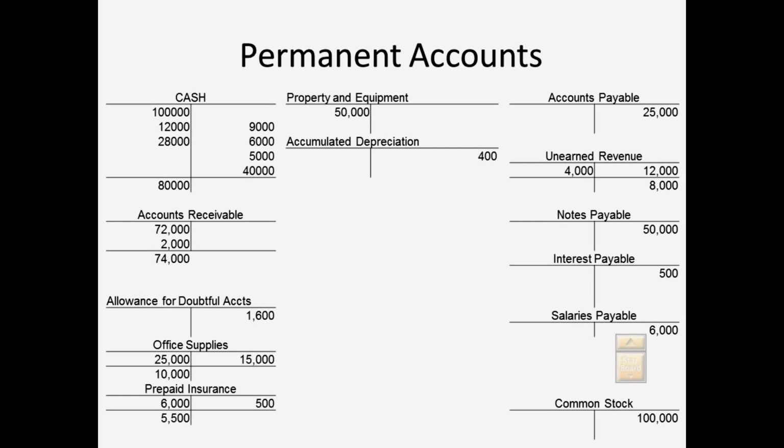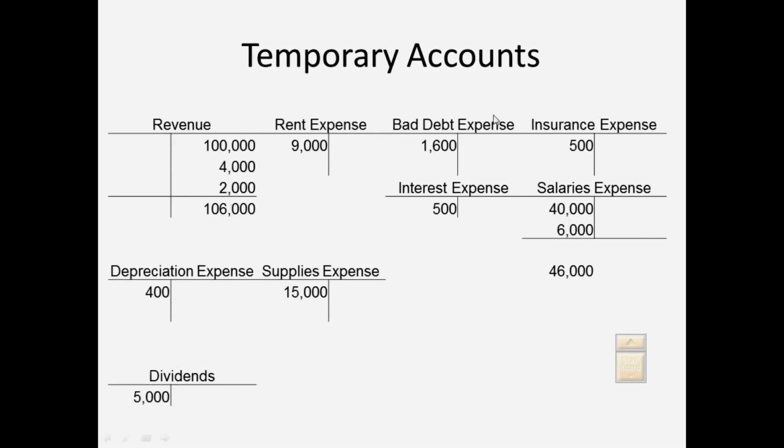We have supplies, prepaid insurance, property, plant, and equipment. And then we have our liabilities: accounts payable, unearned revenue, notes payable, interest payable, salaries payable, common stock. Okay? And then we also have our temporary accounts. And these are the ones that we're going to close.